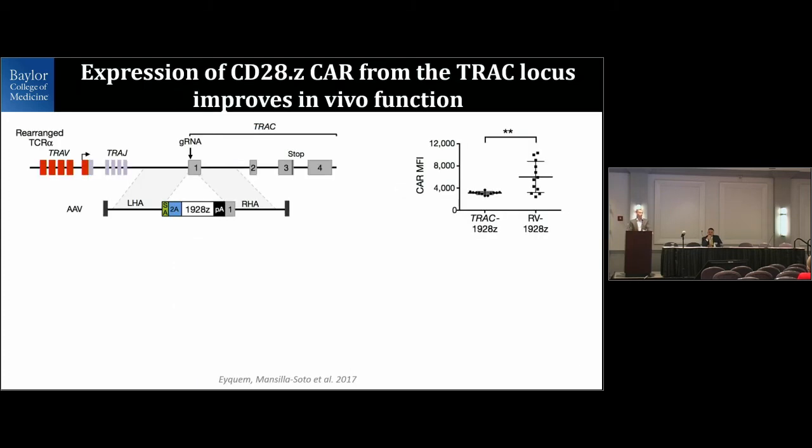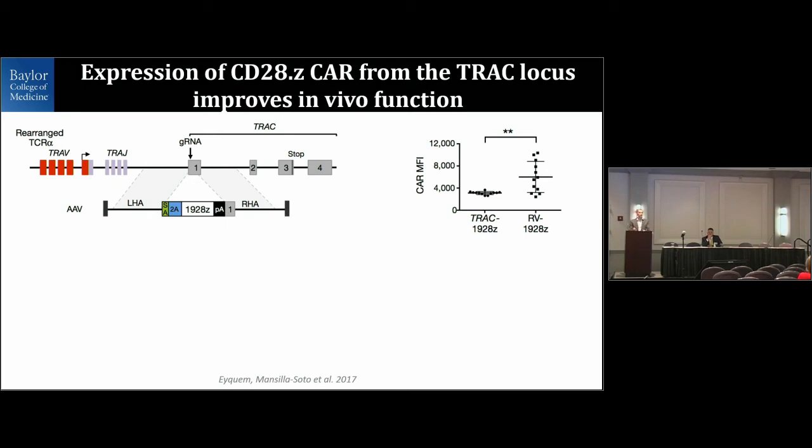And finally, CARs can be engineered to be expressed from an endogenous locus in a chromosome, as shown here in a report last year from Michel Sadelain's group at MSK, where they introduced the 28 zeta CAR into the TRAC locus of the DNA.